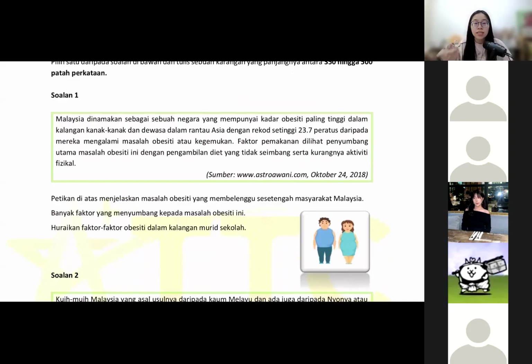Petikan di atas menjelaskan masalah obesity yang membelenggu, which is disturb, sesetengah masyarakat Malaysia. Banyak faktor, there's a lot of reasons, menyumbang kepada masalah obesity. Now, huraikan faktor-faktor obesity dalam kalangan murid sekolah. Go find whether there's any factor, any reason that causes obesity. What is the reason that will cause obesity here?